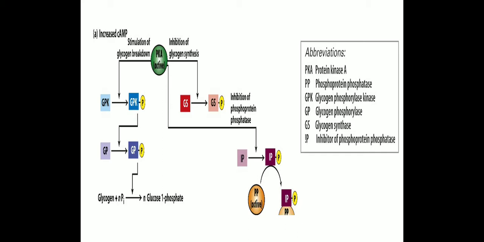While during inhibition of glycogen synthesis, the inhibitor of phosphoprotein phosphatases is attached to the phosphate group, which is released by glycogen synthase, and active phosphoprotein phosphatases turn into inactivation.